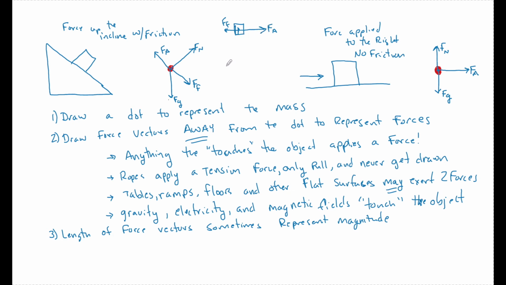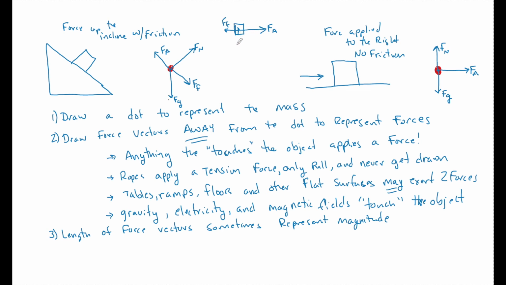If we have an F net, due to Newton's second law, this box will accelerate. So sometimes you're going to see the length represented for very simple basic questions. Which way is F net going to point? You should be able to tell. It'll be obvious. They're not going to make it just a little bit shorter or a little bit longer.